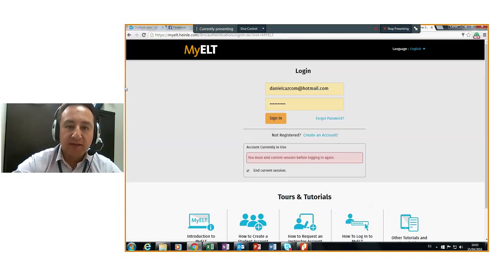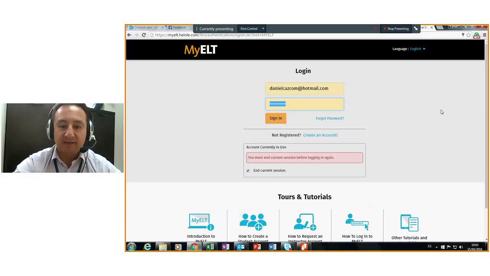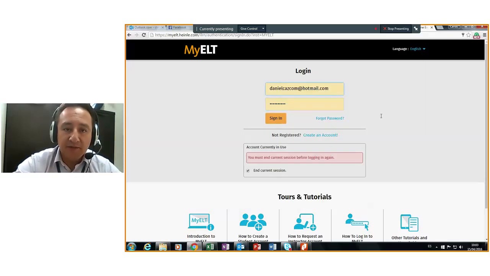If we click here, we have to access with the login and the password. The login is the one that I gave you here in class, and the password is the temporary password that I gave you and that we accessed here in class. Well, in my case, this is my email and my password.